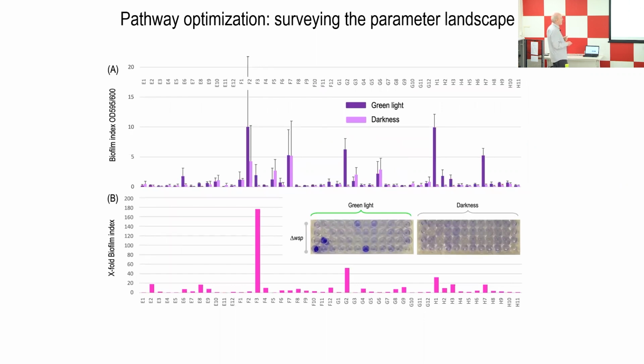The difference is that in this case, the host strain was mutated to avoid entirely the formation of biofilms under natural conditions. So it carries a mutation called WSP, that is connected to a system for response to contact and so on.